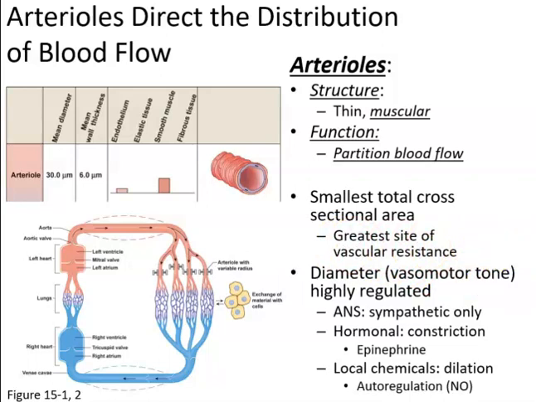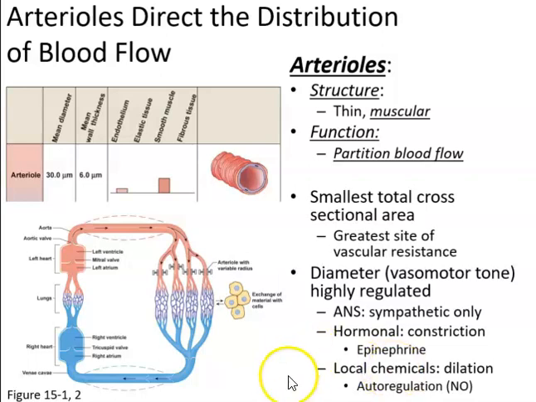Now, the diameter, or the vasomotor tone of arterioles, is highly regulated. We have tonic activity from the sympathetic nervous system. So autonomic nervous system, we have only sympathetic influences. We also have local chemicals. For example, we have hormonal influences that can cause constriction, such as epinephrine, and local chemicals can cause dilation to increase blood flow, especially during exercise.